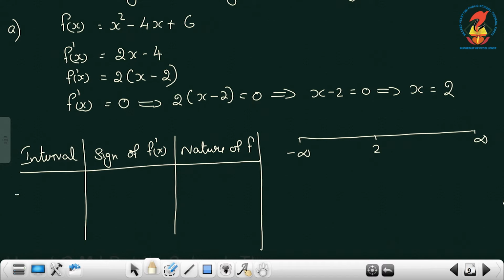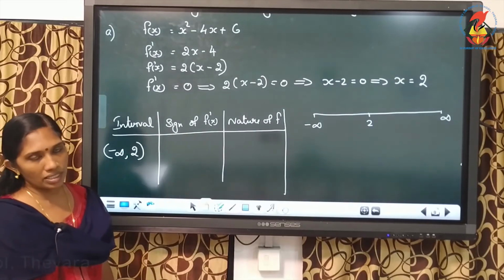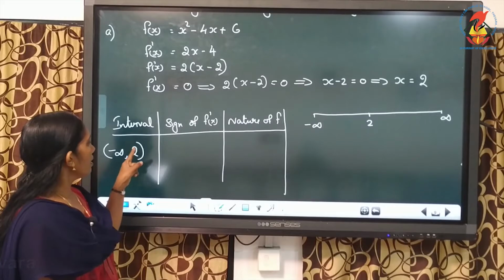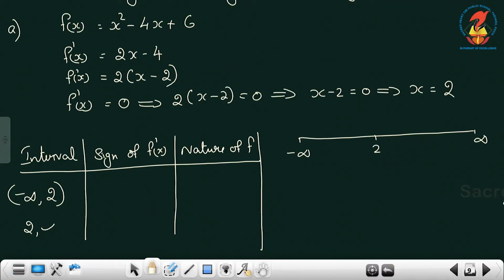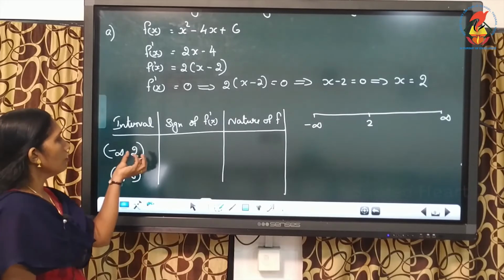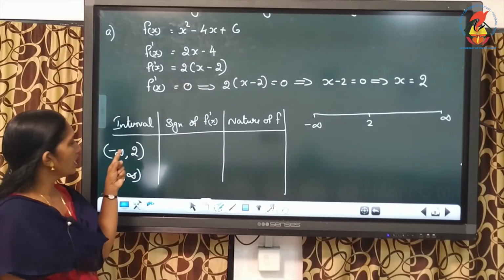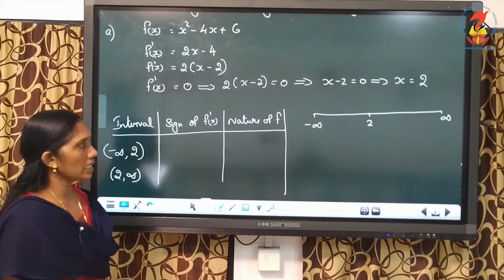Then we have 2 intervals: minus infinity to 2, then put open symbol, because the question is strictly increasing or strictly decreasing, so the interval is open. The next interval is 2 to infinity, that's also open.